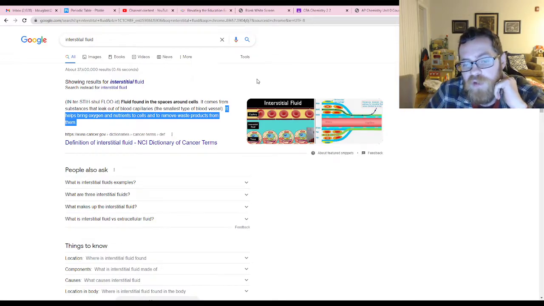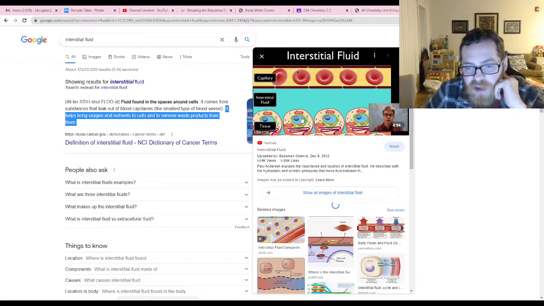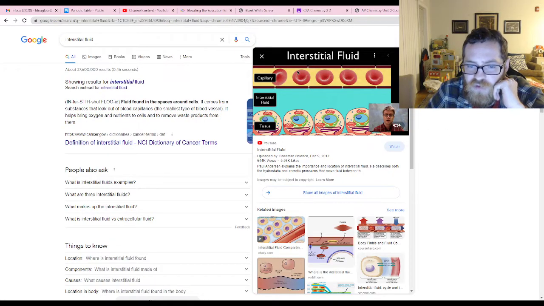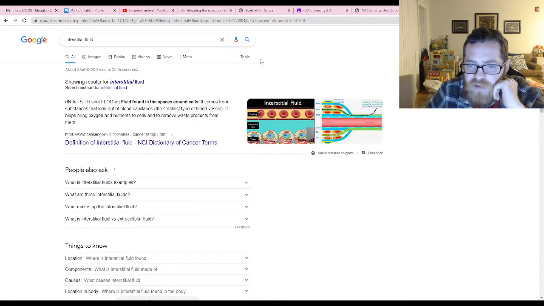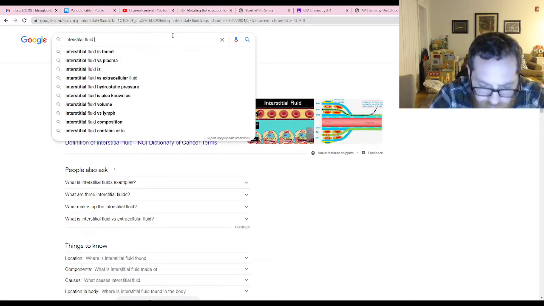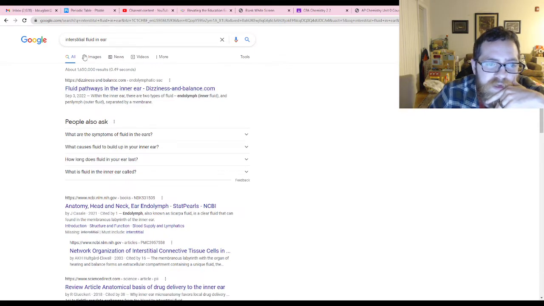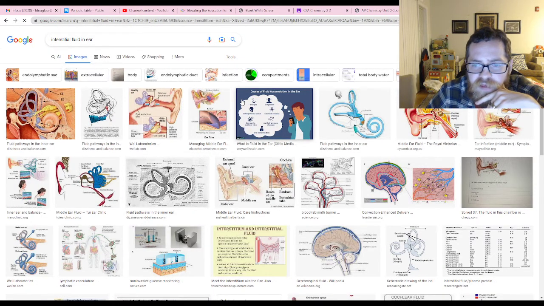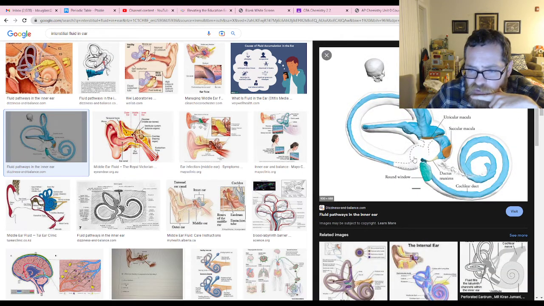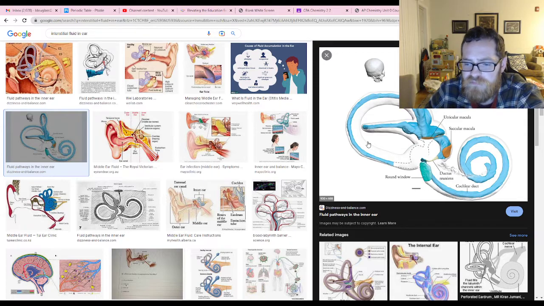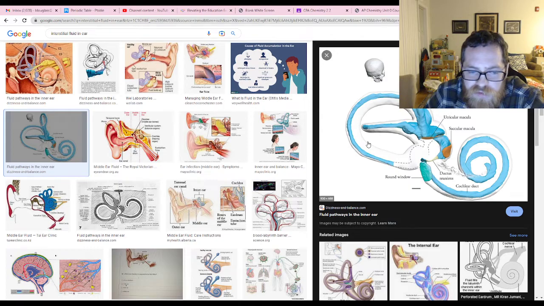Interstitial fluid is also in your ear, and your body uses the interstitial fluid in your ear to tell if it's balanced or not. So, as a quick aside, the reason you start feeling sick if you spin around too much is that the interstitial fluid in your ear that your brain uses to basically orient itself gets shaken up a lot when you spin around quickly.